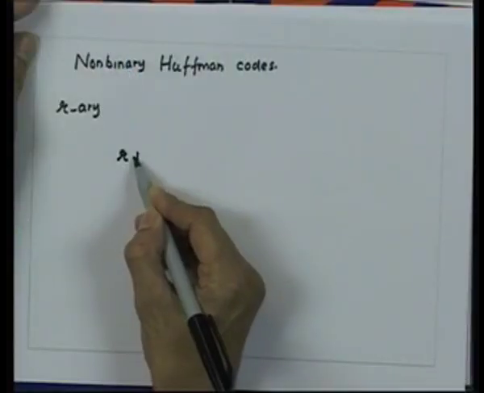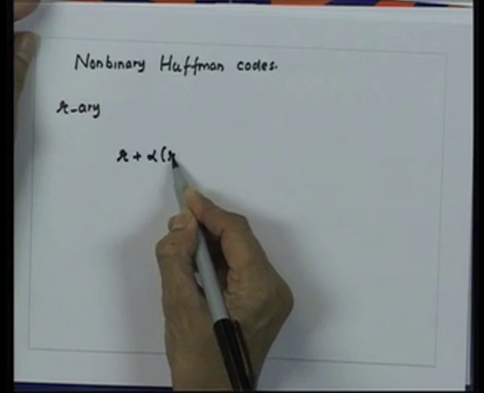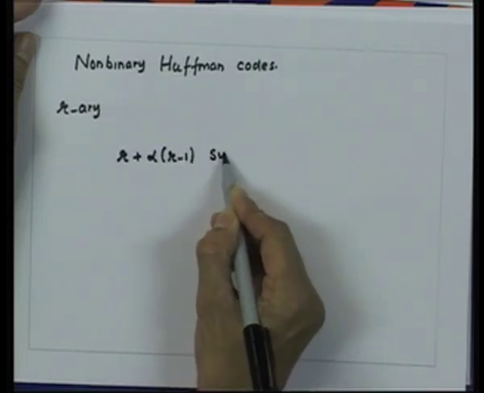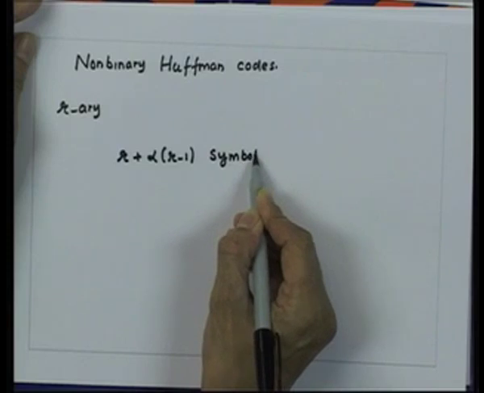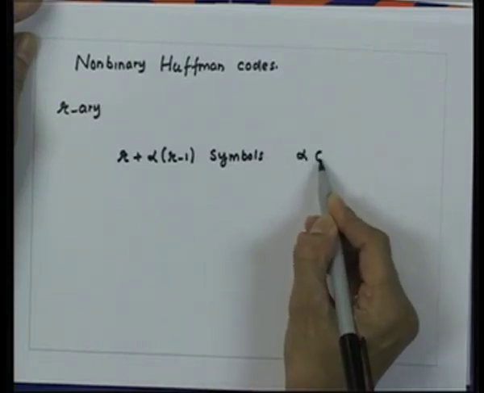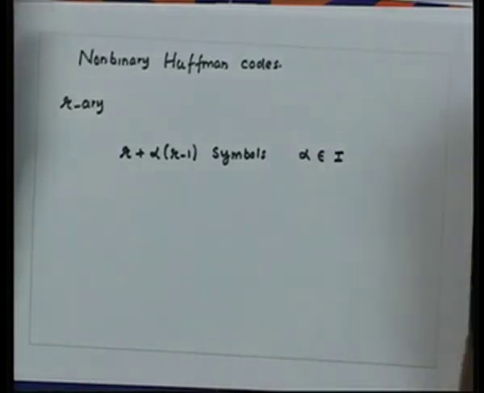This will allow us to construct the trivial optimal code for this source by allotting each code symbol to a source symbol. The last source will have exactly R symbols if and only if the original source has R plus alpha times (R minus 1) symbols, where alpha is a positive integer.